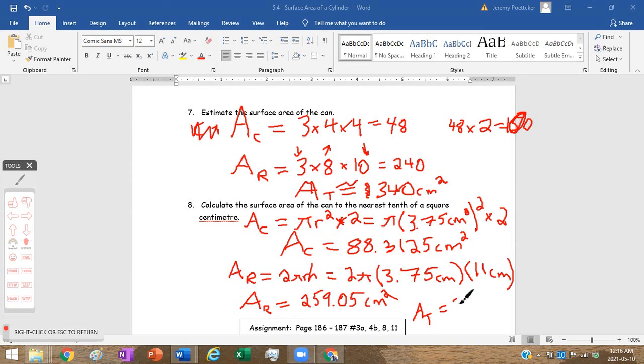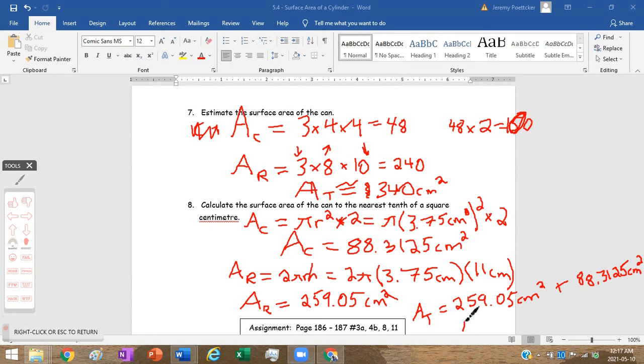259.05 plus 88.3125 centimeters squared.